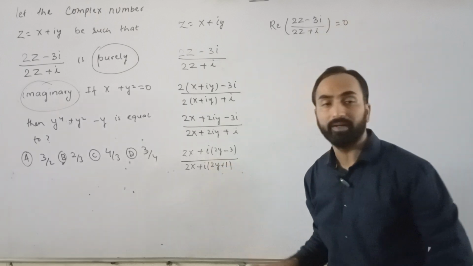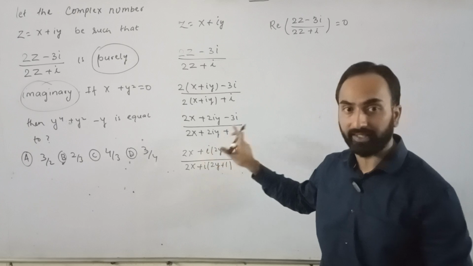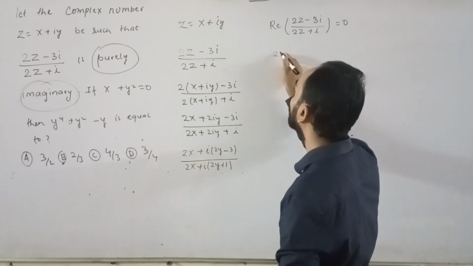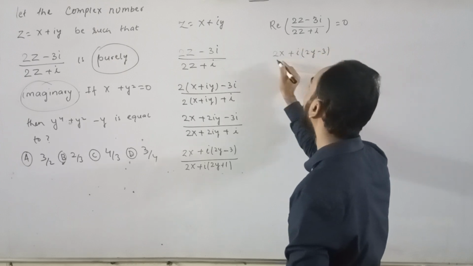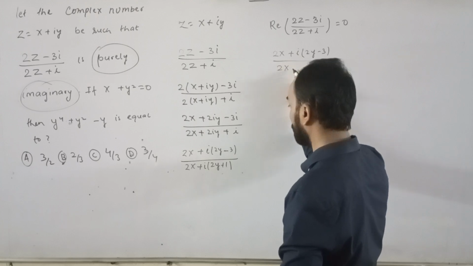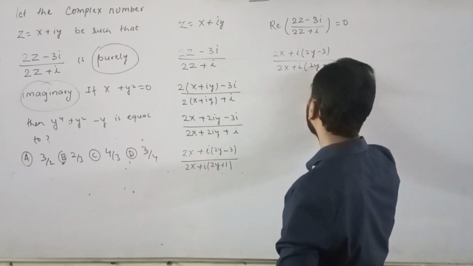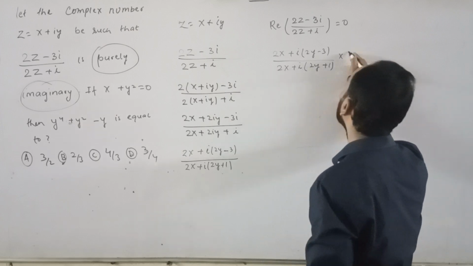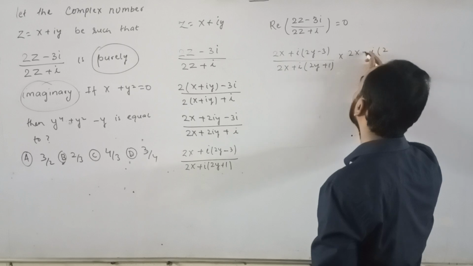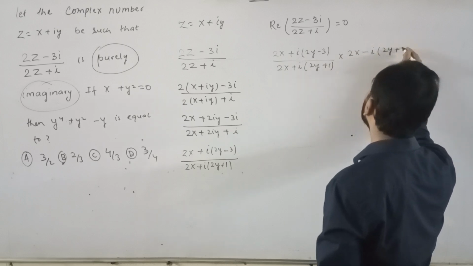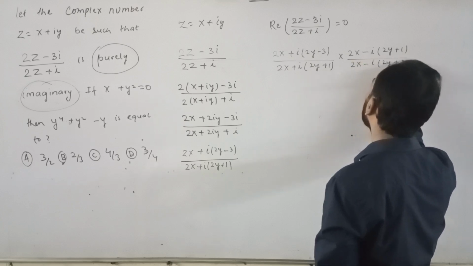Now in this step we have to rationalize. How do we do the rationalization? We change the plus sign into the minus sign and multiply in numerator and denominator. So this becomes (2x + i(2y − 3))/(2x + i(2y + 1)) multiplied by (2x − i(2y + 1))/(2x − i(2y + 1)).